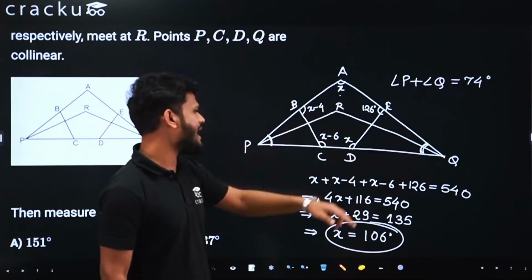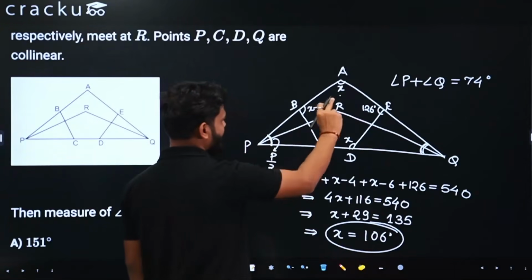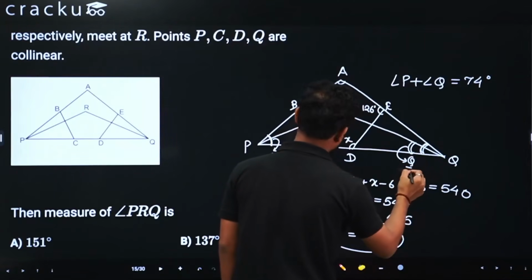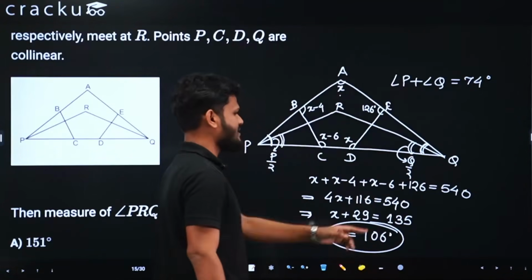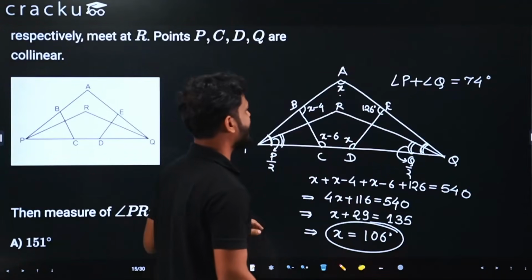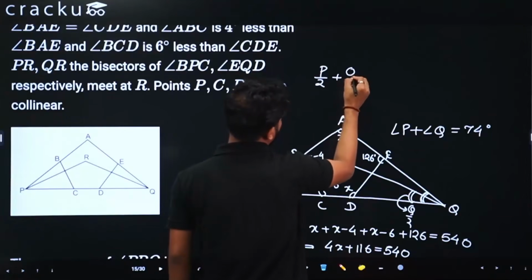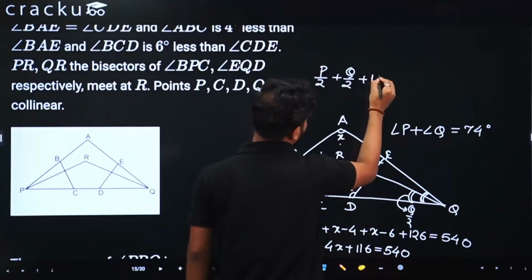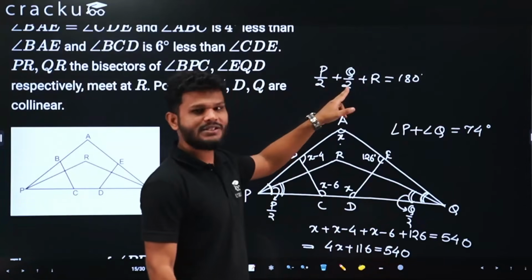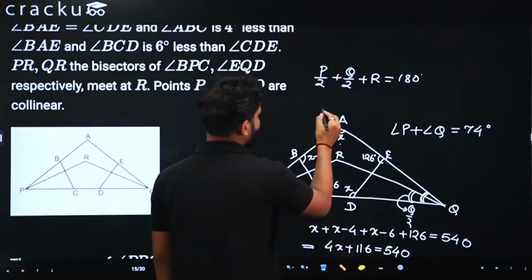Now look at PRQ. This angle is P by 2 because PR is the angle bisector, and this small angle is Q by 2. So P by 2 plus Q by 2 plus R is 180 degrees. Now P by 2 plus Q by 2 is P plus Q divided by 2, which is 37.